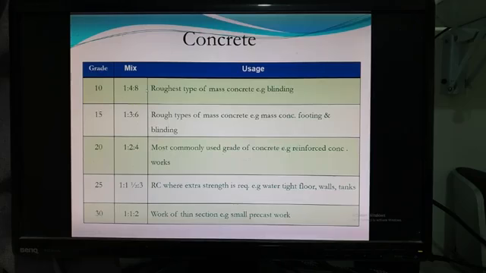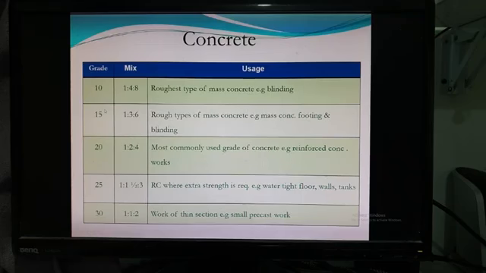Okay, for a structural use, we would usually start at grade, let's see, grade 20 and above. Okay, structural meaning superstructure use, because that's when we start using reinforcement into the concrete.